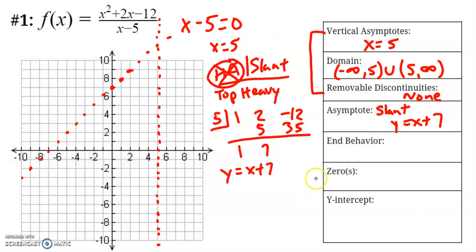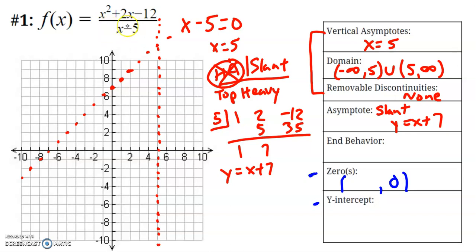I'm going to jump down and start doing some of my zeros here and my y-intercepts. Okay, so zeros, again, these are really going to be our x-intercepts. So if you recall, we are going to set f of x equal to 0. So we're always going to have something, comma, 0, right? Excuse me, your y value would be 0.